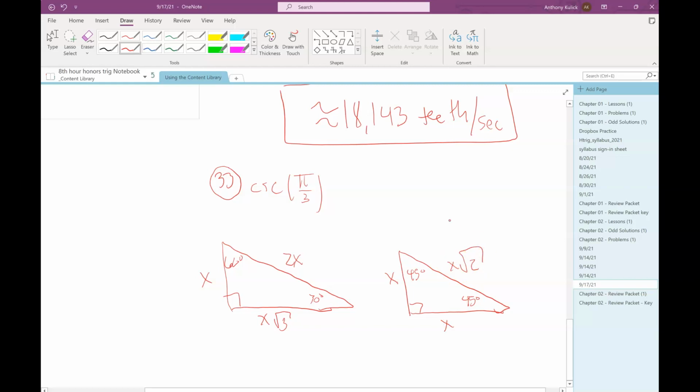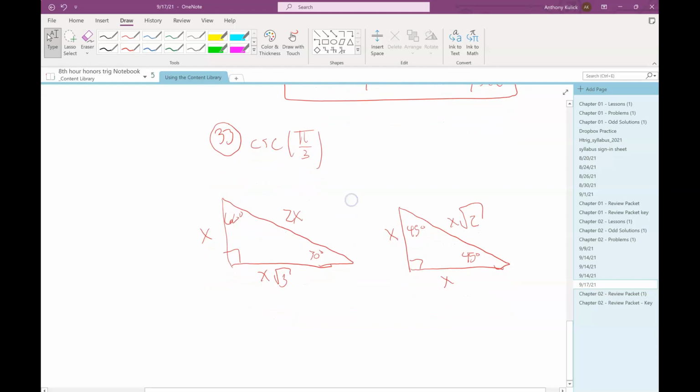This is something that'll come up again for the next couple of chapters. Not a bad thing to have written down and perhaps even committed to memory. You'll use it fairly frequently here. So the question for me becomes, okay, we have cosecant of pi over 3. Is pi over 3 a 30, a 60, or a 45 degree angle?